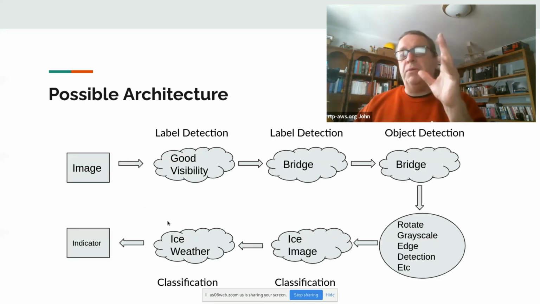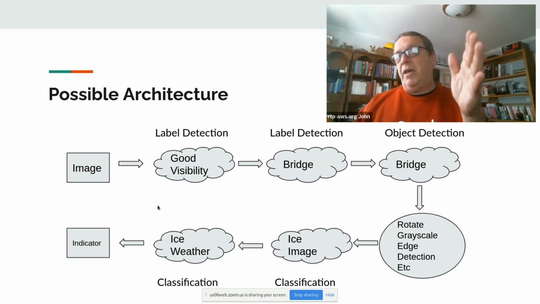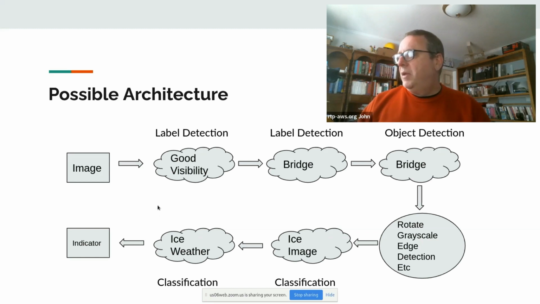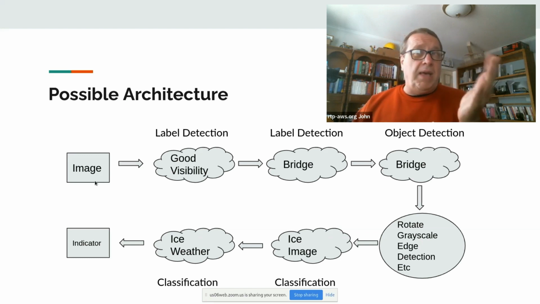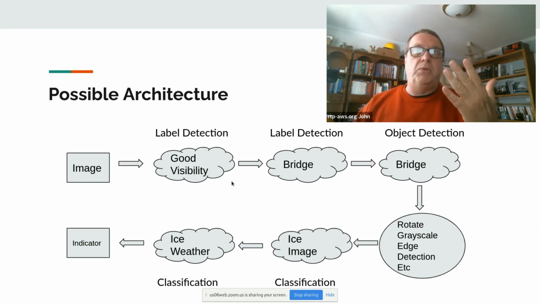So with that said, this is a good kind of thing for a possible architecture that I was thinking of, but it's not wholly implemented. It's going to, and I may have to do this now that I see some of the results I've got, take an image and pass that to a label detection DNN, or Rekognition.